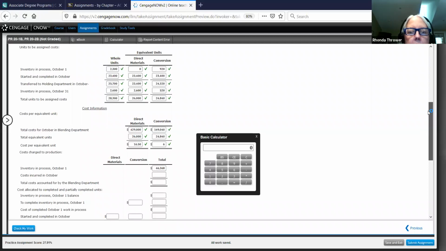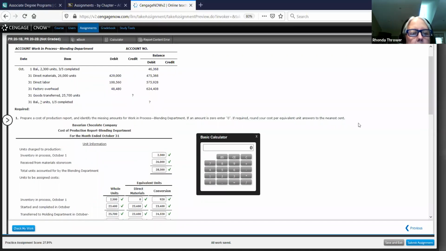Those were given amounts of costs that we have incurred in October. We incurred materials, labor, and overhead. You've got to combine all of these together to get the total costs that were incurred during the month of October. So we put some materials into process. We had some labor and some factory overhead that was applied to this.